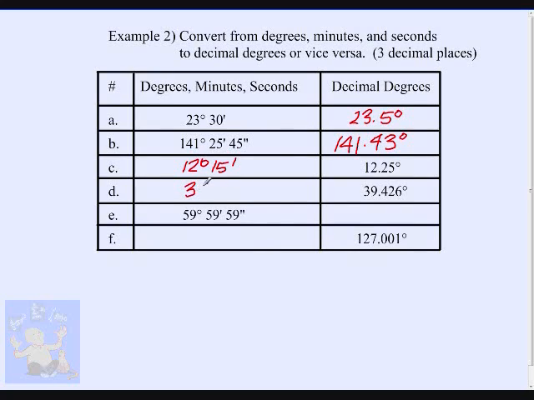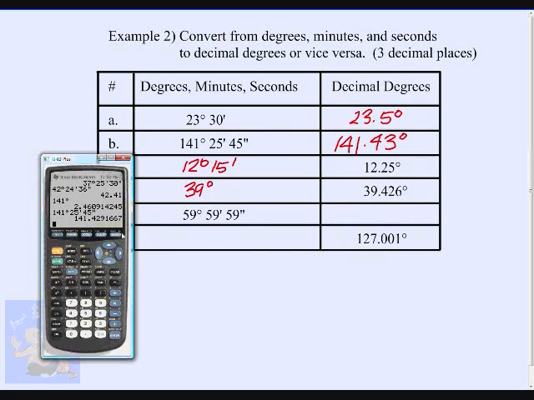This next one we're not going to be able to do quite that easily, are we? We know it's going to be 39 degrees, but how many minutes is that going to be? We could probably estimate it, couldn't we? It's a good idea to estimate, actually. That way you can know whether or not your answer makes sense. We'll put in the decimal degrees, 39.426. We'll go to second function angle and DMS.